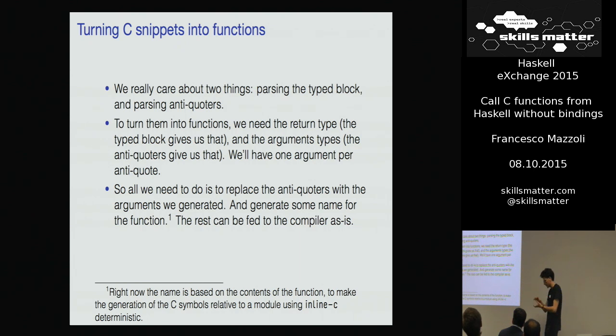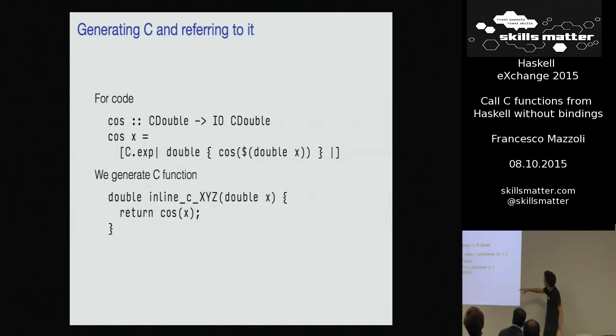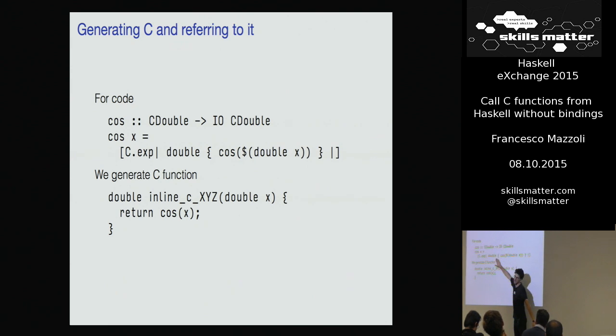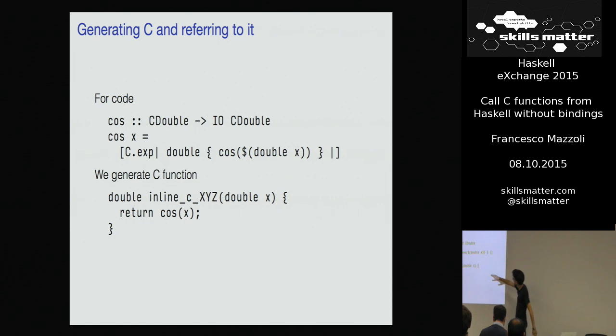So to turn this C snippet into a function, the return type of this function will be the type that's specified. Like here, for example, it will be double. This brace block specifies the return type of the function that we're generating. And the arguments will be derived from the antiquoters that we have.